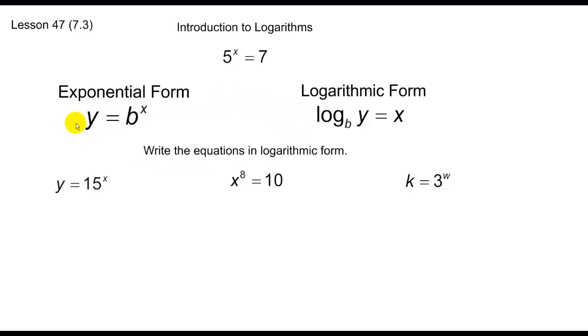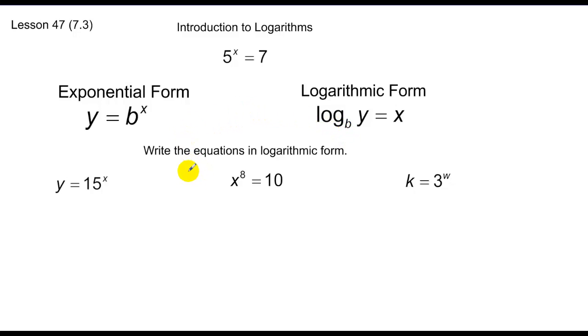So we slide it under the y and add this thing called logarithm, which we really don't know what it means right now. It's just there. It's equal to x. So by sliding the base, we change from exponential to logarithmic form. And again, we don't know what log means yet. We'll get there in about 5 minutes, but just hang tight.